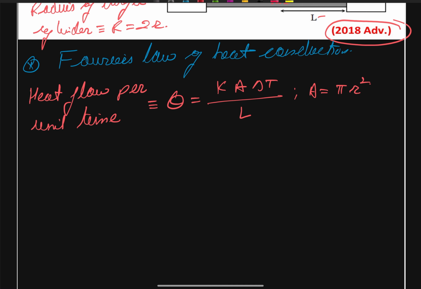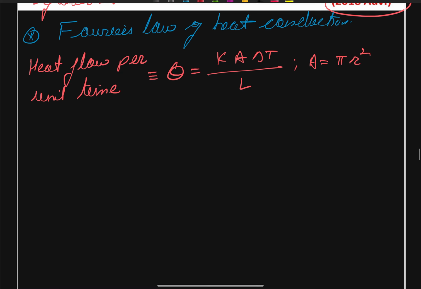So we have our two cylinders. For the first cylinder, A1 is our pi r1 square, and for the bigger one we are going to have A2, that will be pi times 2 r1 whole square, giving us 4 pi r1 square. So we got the area of this, and the length is same for the cylinders.